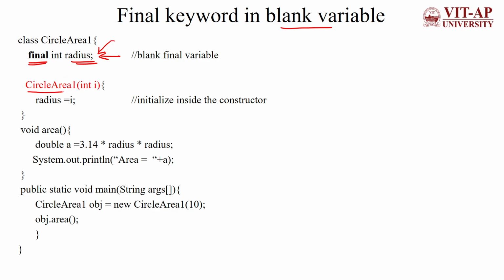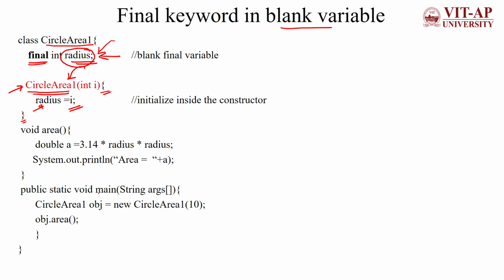We are going to assign the value inside the constructor, where the class name and method name are the same. So we initialize the value of the final variable radius inside the constructor, and it will accept the value.